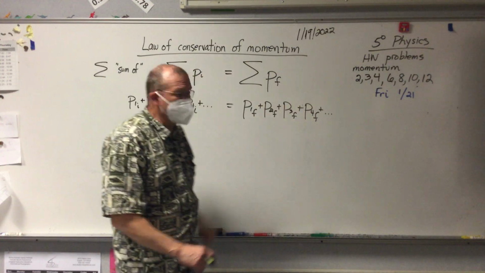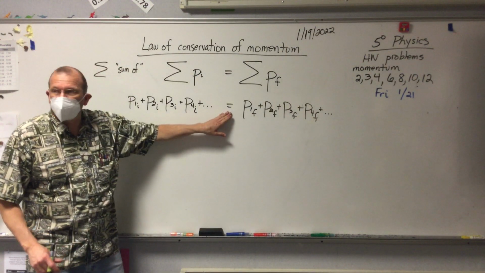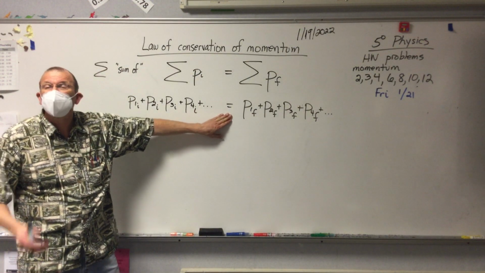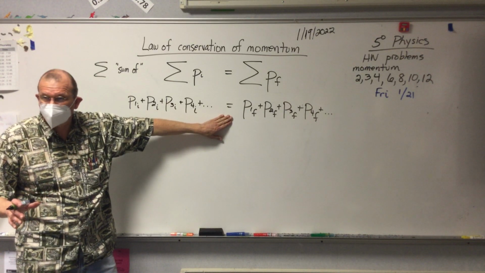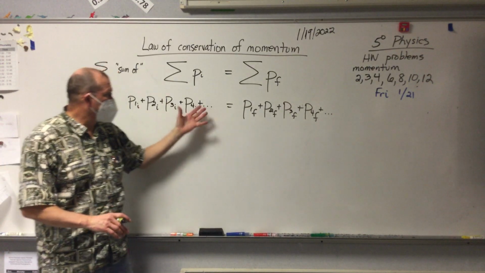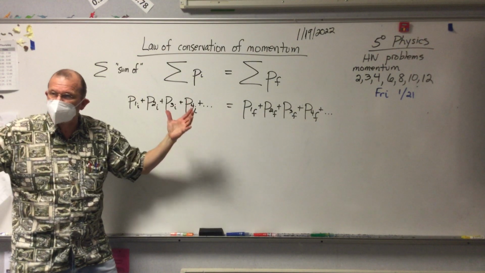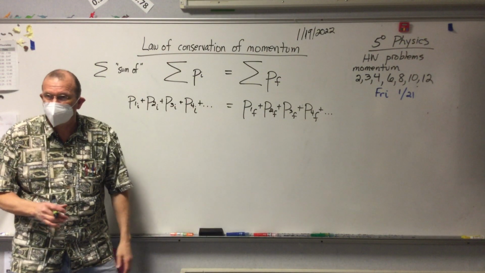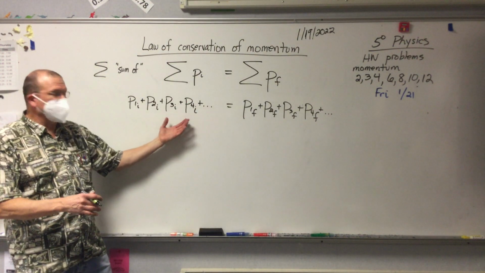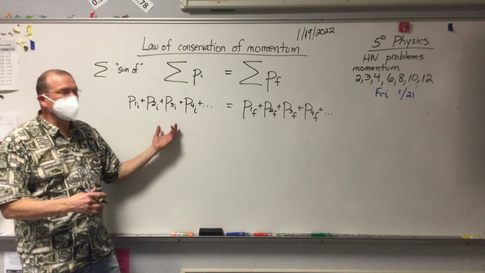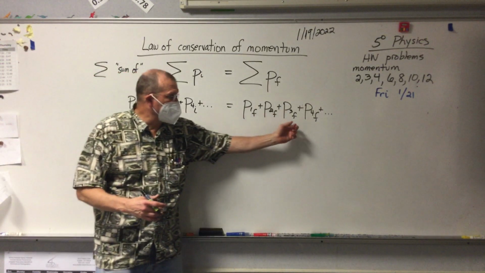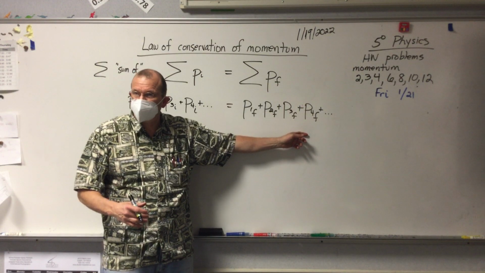Now, what happened at this equal sign? Something happened, and that caused this system and these objects to interact with each other. On the left is the initial state of the system, and on the right is the final state.